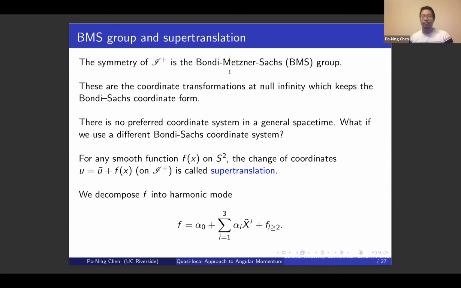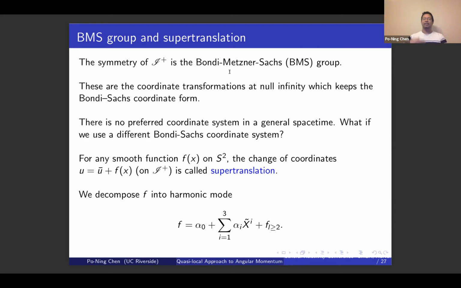Now, we mentioned before this possible coordinate change. So what is the symmetry group of scri plus? This is the Bondi-Metzner-Sachs, BMS group. So here you have an enhanced symmetry group rather than the usual Poincare group. You have a much larger BMS group.